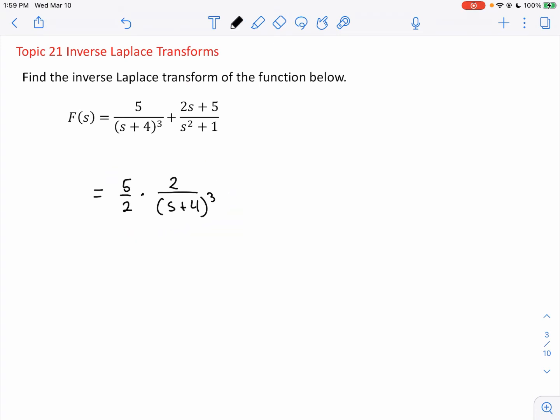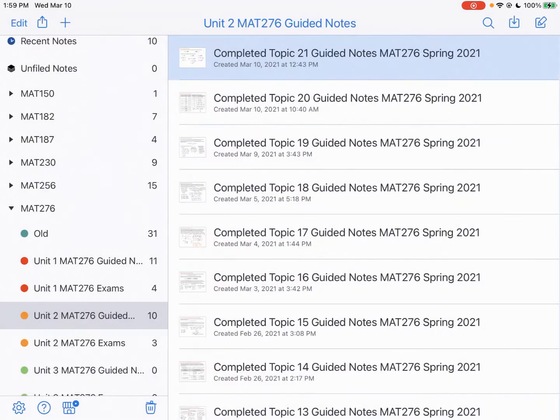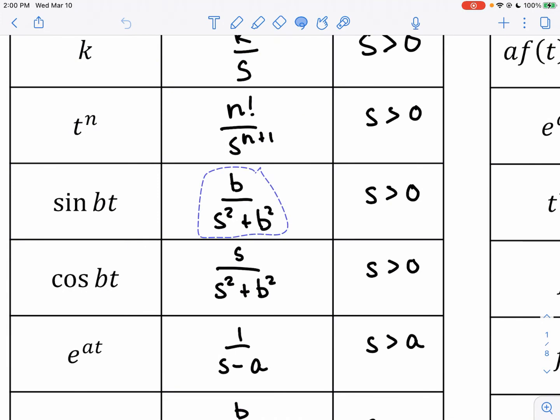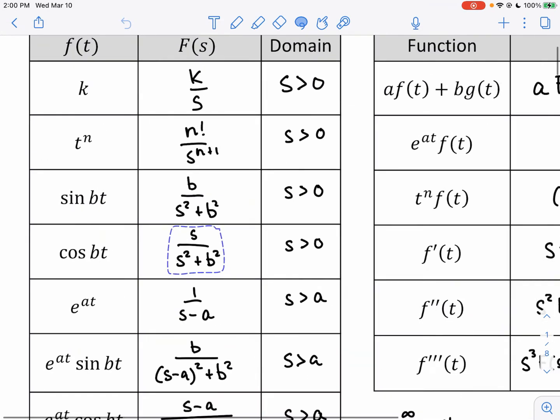Now for the next piece, I don't see any formulas that have a sum involving s's and constants over an s squared plus 1. Looking back at the table, I have a case where I have a constant over s squared plus b squared and s over s squared plus b squared. But none of the formulas here have a constant with plus or minus an s up top.